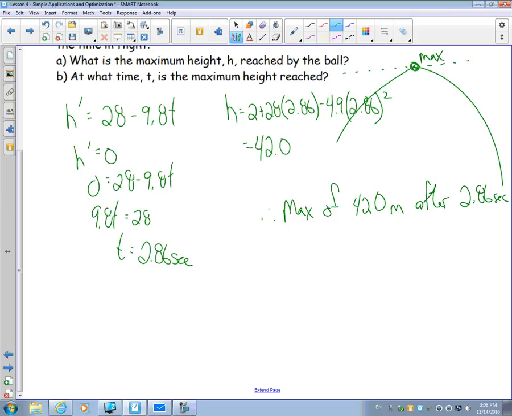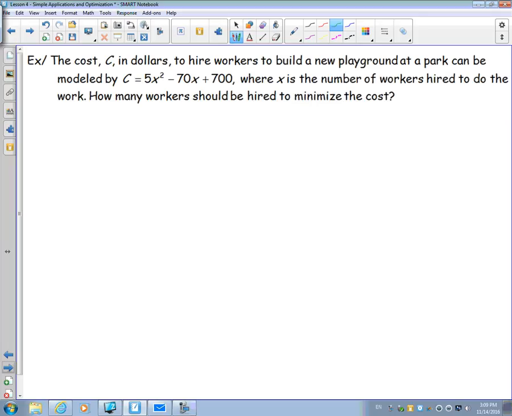Another optimization problem. I'm going to try the next one. The cost in dollars to build a new playground you model by this equation, where x is the number of workers hired to do the work. How many workers should be hired to minimize the cost? Okay, so my graph's going down and going back up.